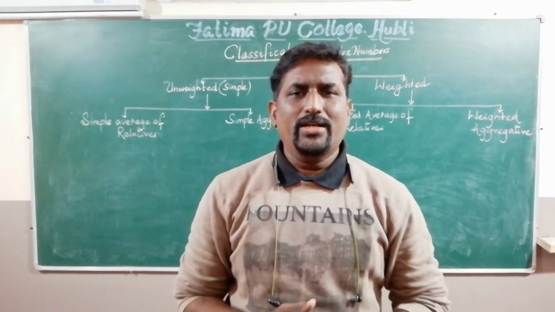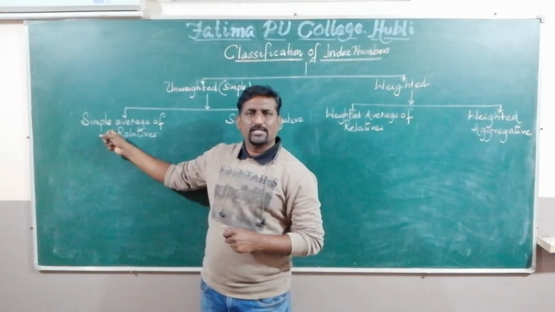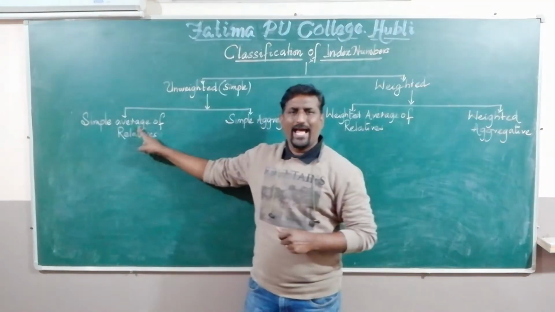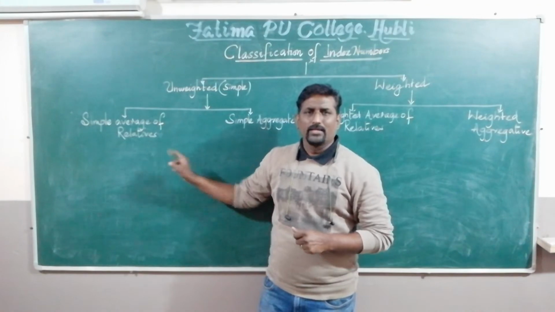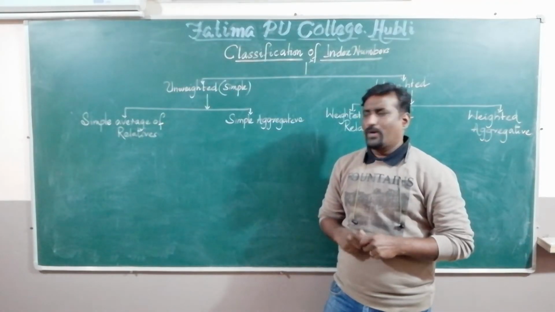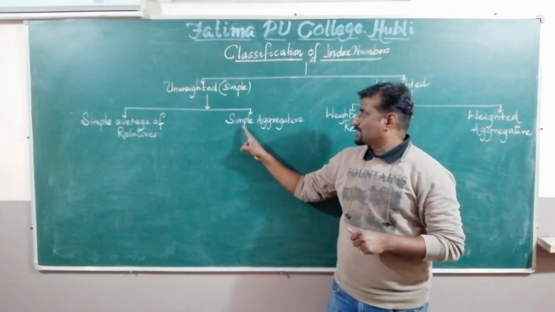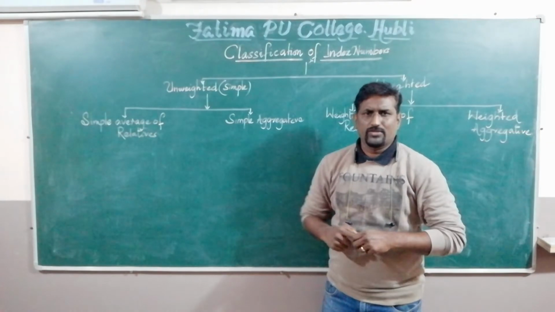So unweighted index numbers are also classified into two parts. One is called simple average of relatives, and the other is called simple aggregative. Number one, simple average of relatives, and number two, simple aggregative.